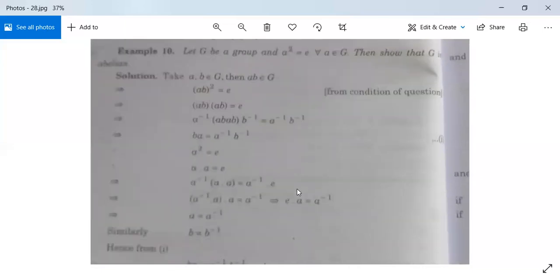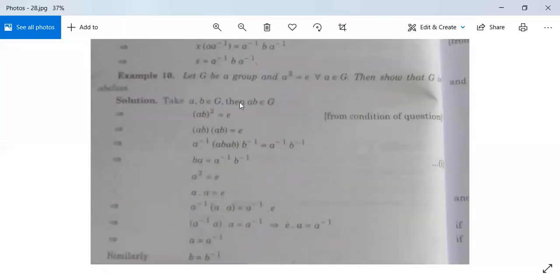There is another example. Let G be a group and a square is equal to e for all a in G. Then show that G is abelian. देखिए, take a, b in G, then ab belongs to G. Closure property.